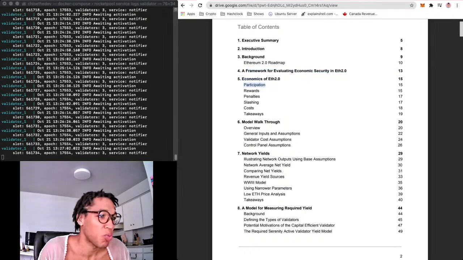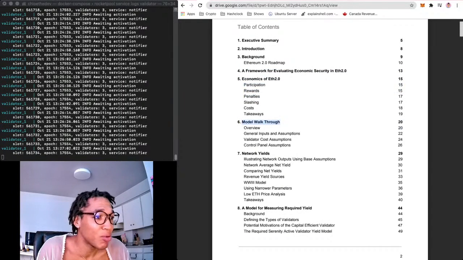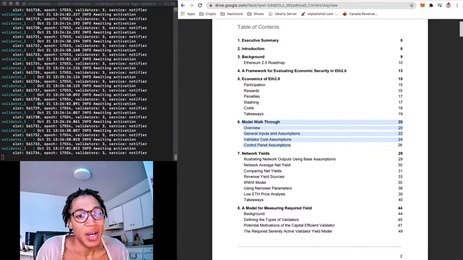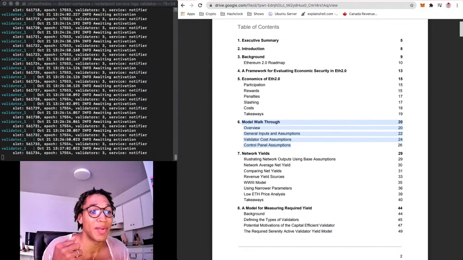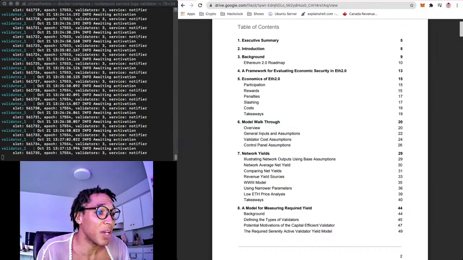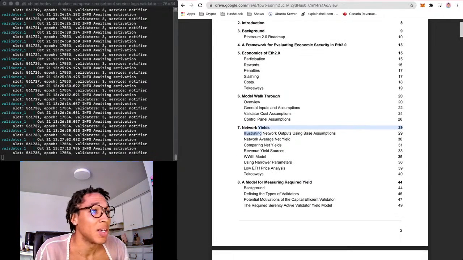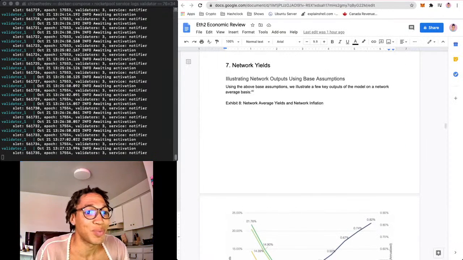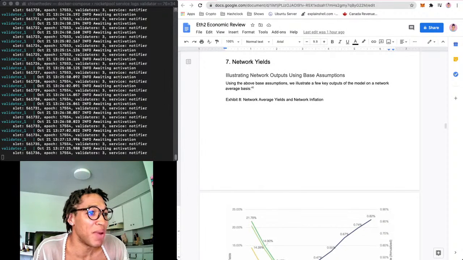We went through participation, rewards, penalties, slashing, cost, takeaways, and the model walkthrough, which is the setting to frame ourselves before going through this paper. Then we got through the network. Now we're going through the network yields. So let's get started: illustrating network outputs using base assumptions.